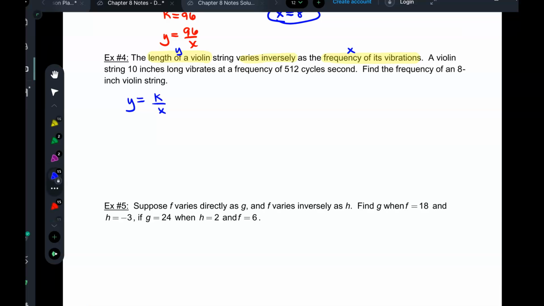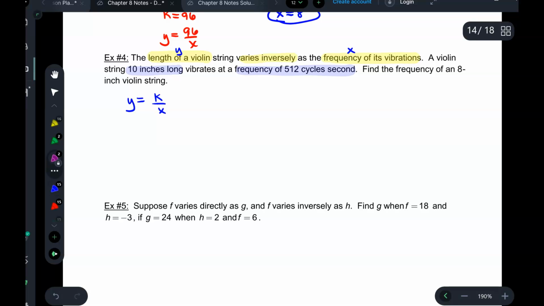A violin string 10 inches long vibrates at a frequency of 512 cycles per second. That gives us information to find K, which is the constant of variation. Which one was representing the length?